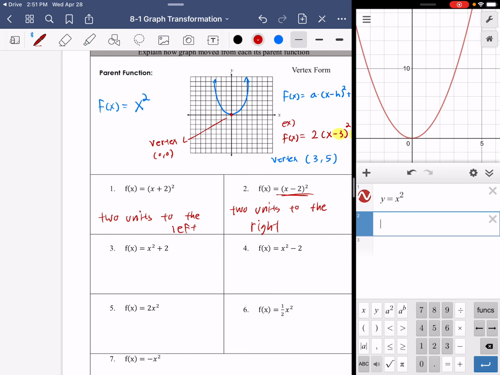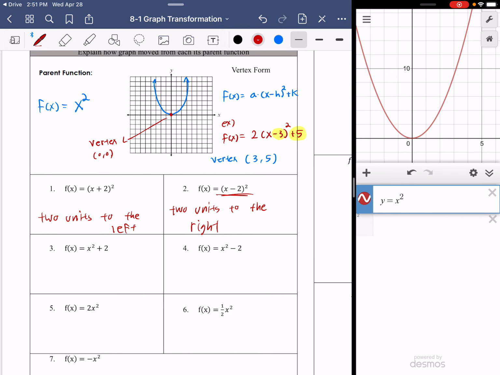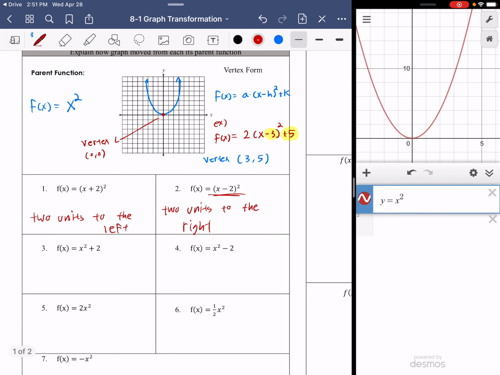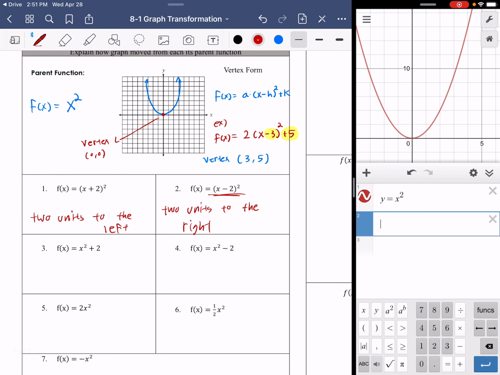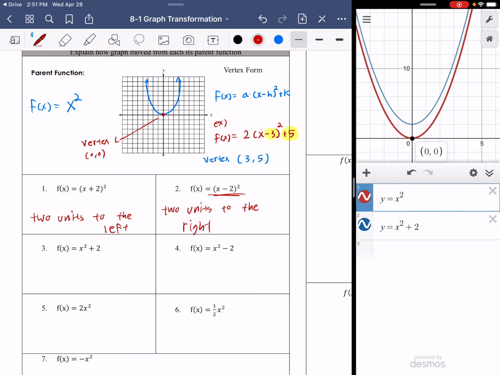For question number 3 here on the left, we have x squared plus 2. That's outside of the parentheses. So what happens if you put x squared plus 2? You see from the red and blue, it moved 2 units up. Try question number 4 by yourself.